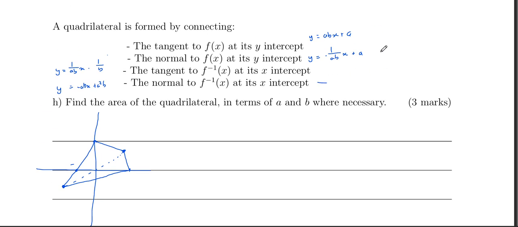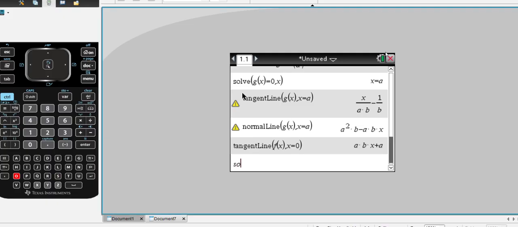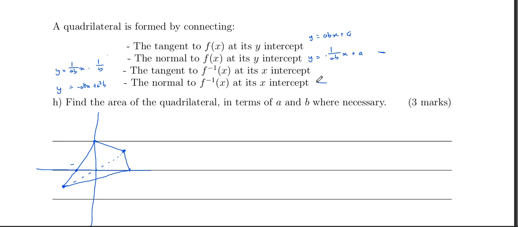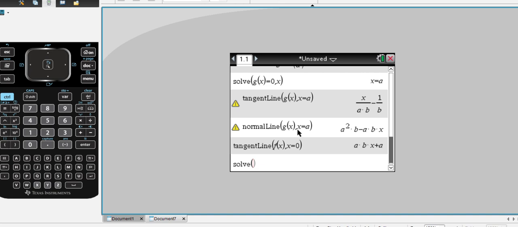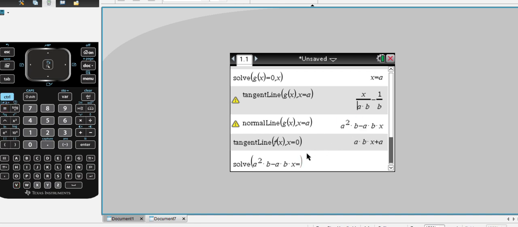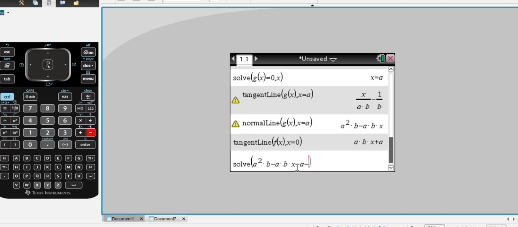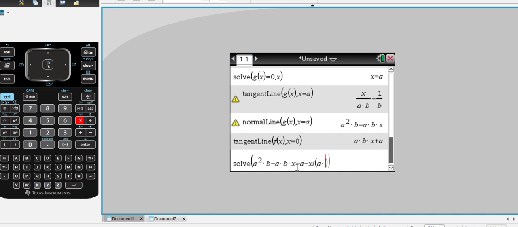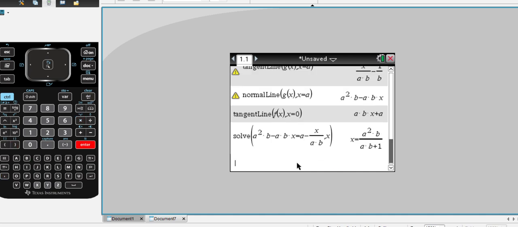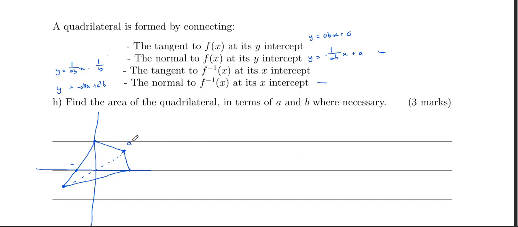So let's solve. The normal line equals a minus x over a times b, and we get a squared b over ab plus 1.